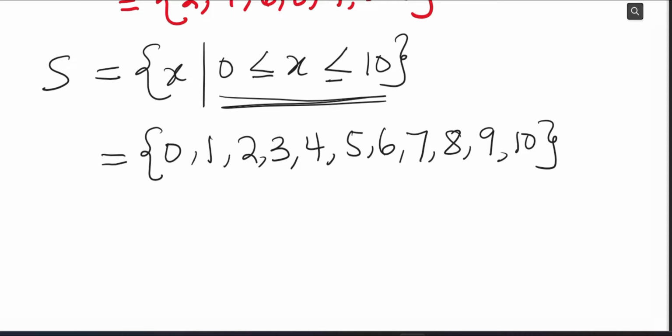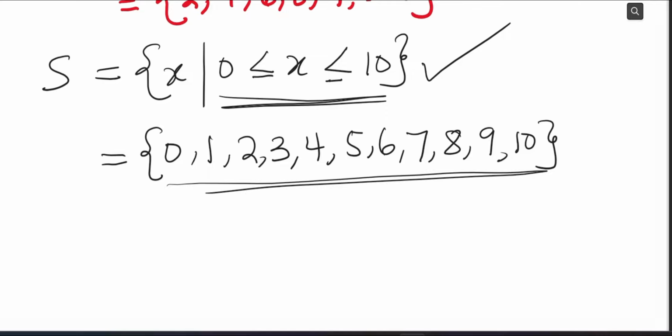Good. This is the tabular form of this set. However, in some situations, we can squeeze out some numbers instead of writing everything. So we can start from 0, 1, 2. Now, from 3 going, we can use an ellipsis and we write 10.